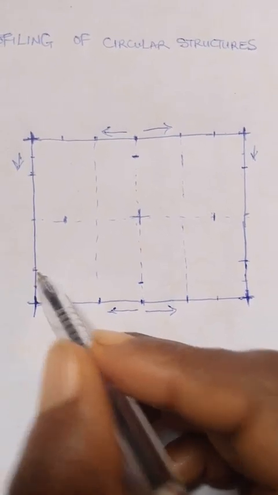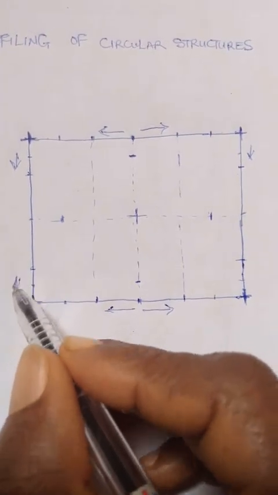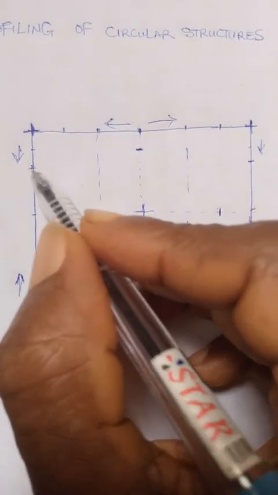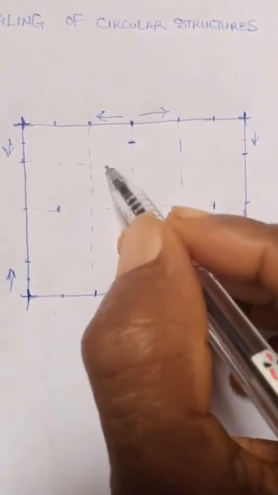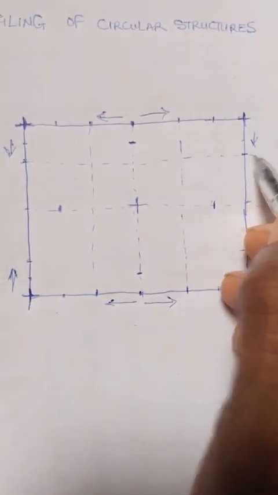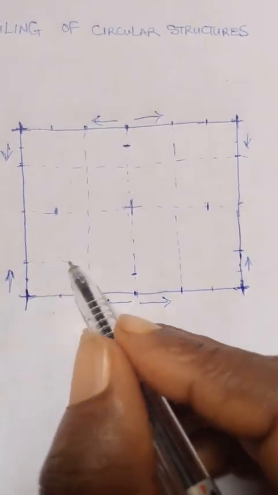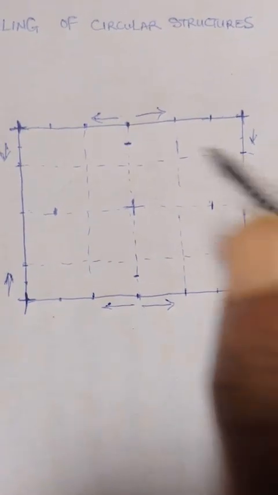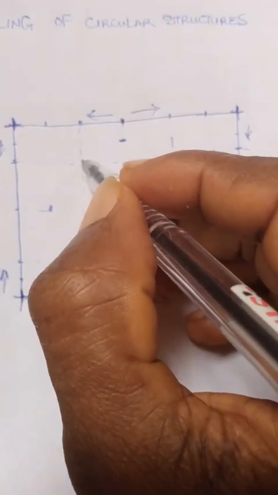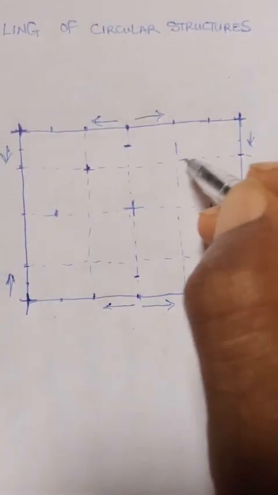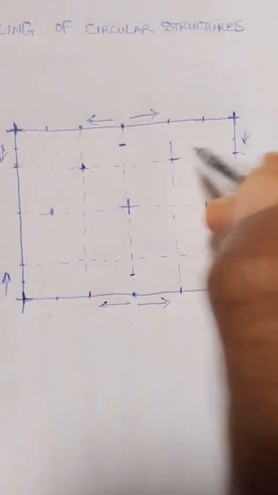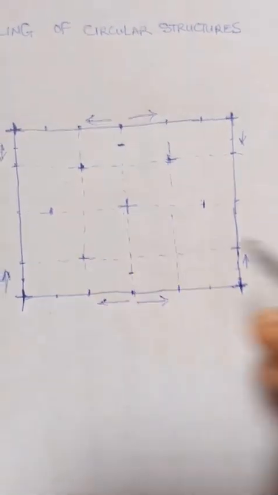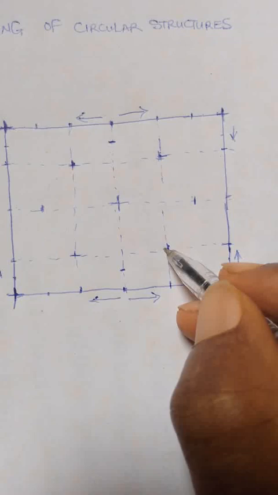Then what you now do is to run a line across, and you also run a line across this way. Now they are intercepting at this point.